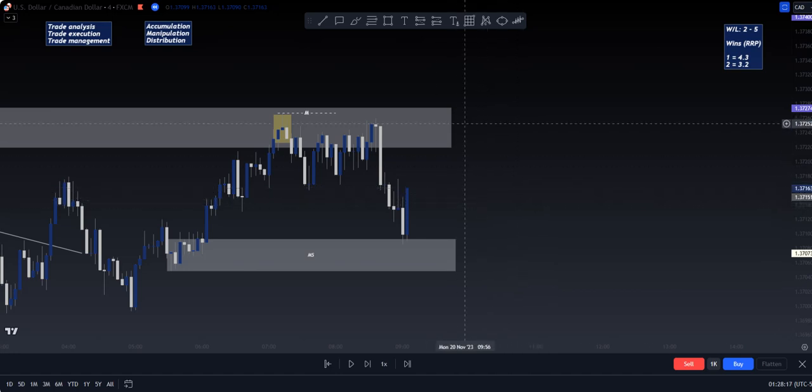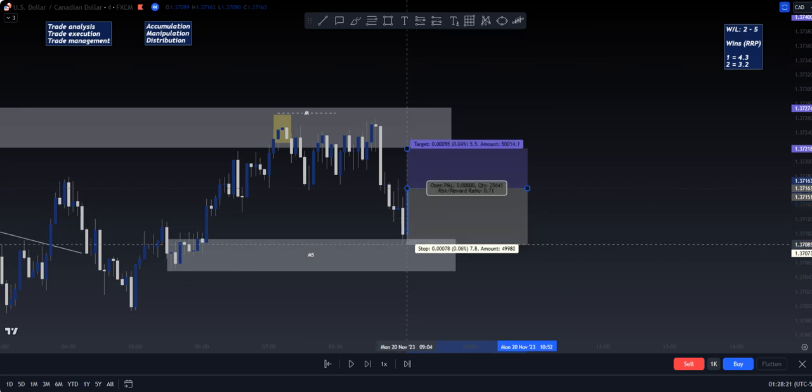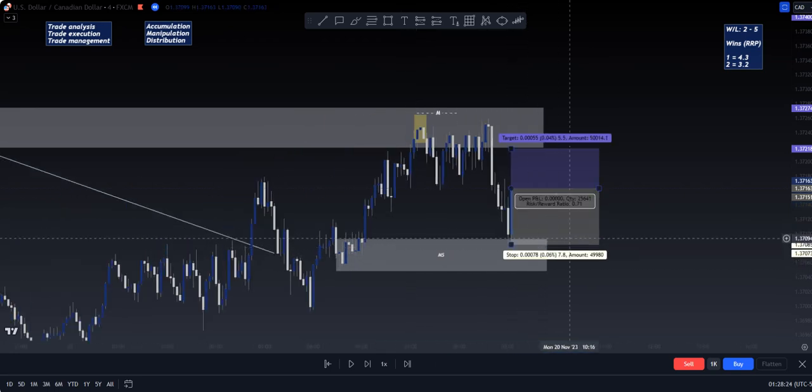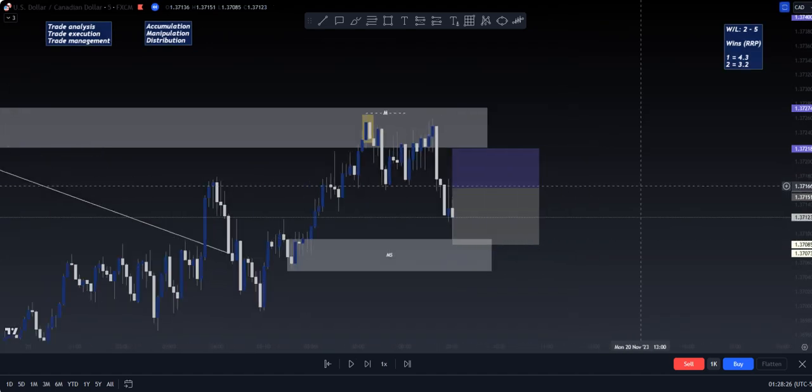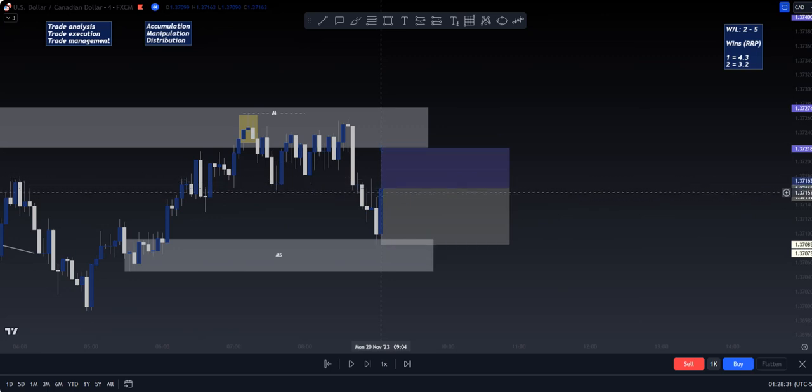Yeah, look how that looks. All I did was drop down one more minute on the time frame just to see what this looks like. And yeah, that looks like a good candle there. There's a bullish engulfing.